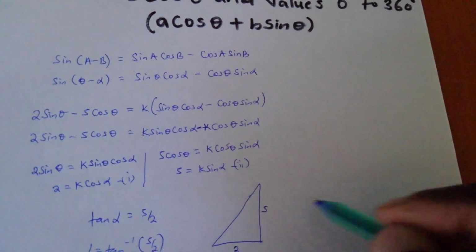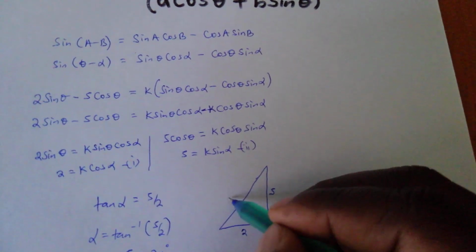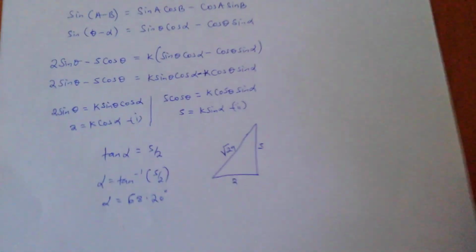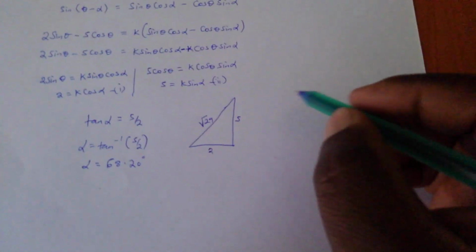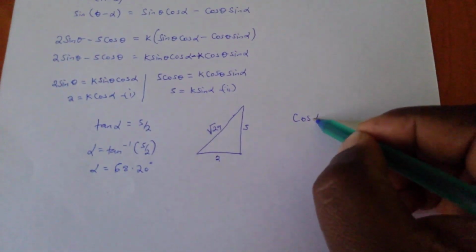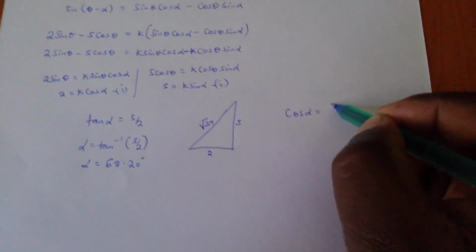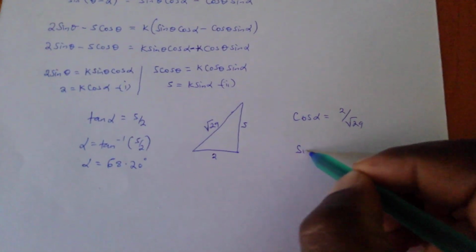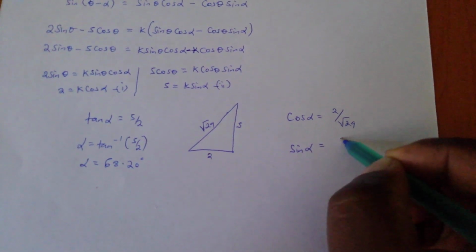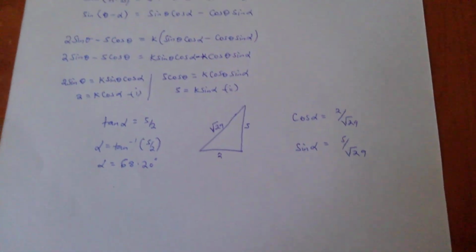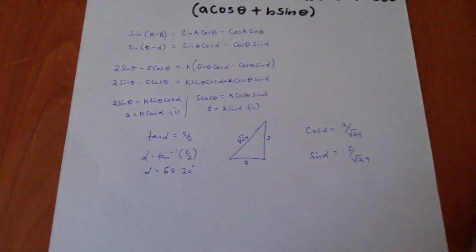Getting this side, using Pythagoras theorem, I'll get root 29, the hypotenuse. So therefore my cos alpha will be 2 over root 29 and sine alpha will be 5 over root 29. I hope you are following up to this step.